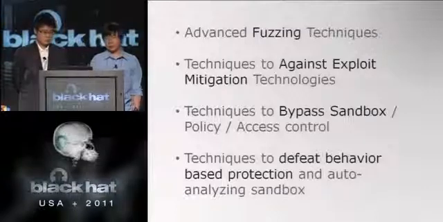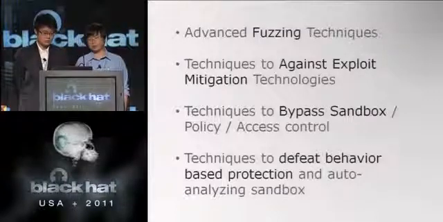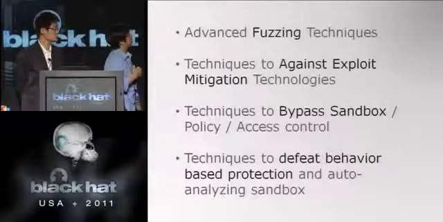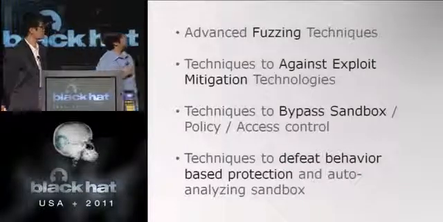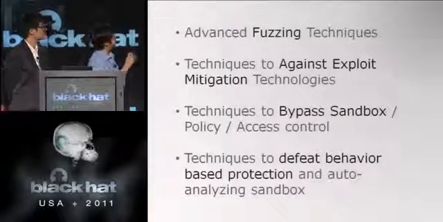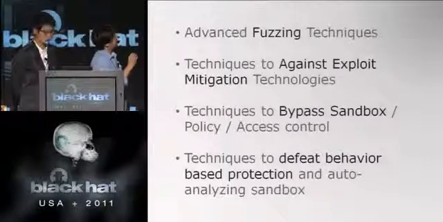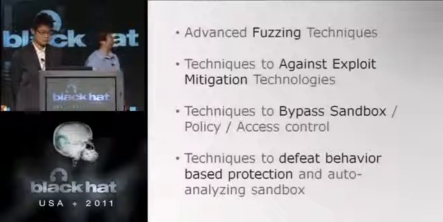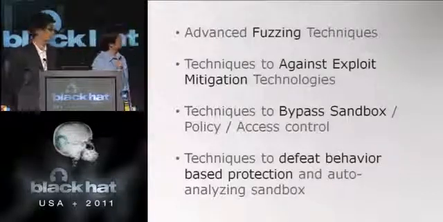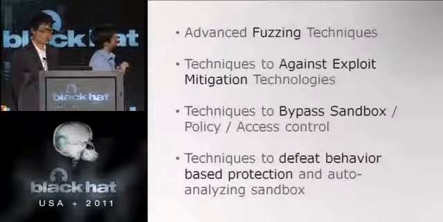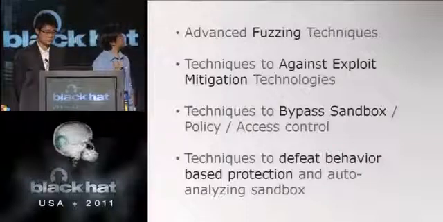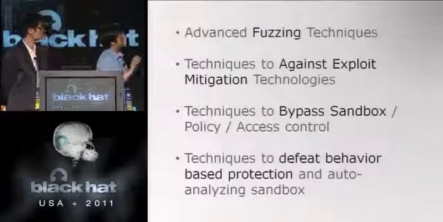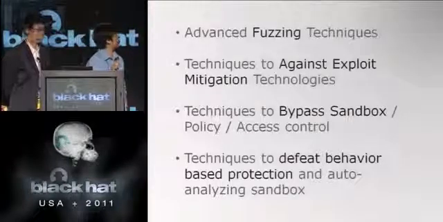Okay. We think document exploit research will focus on these four major areas in the future. The first, hackers will keep improving their fuzzing techniques. They will try to find more vulnerabilities. And then the second, techniques against exploit mitigation technology. For example, hackers will find new ways to defeat DEP and ASLR.